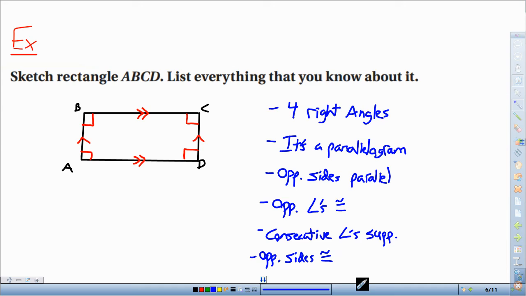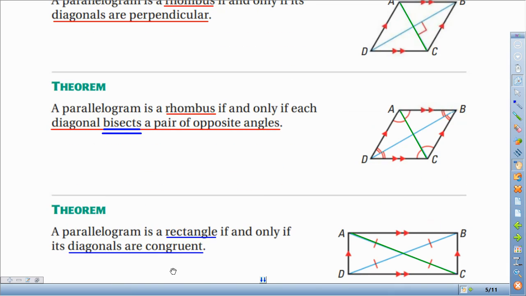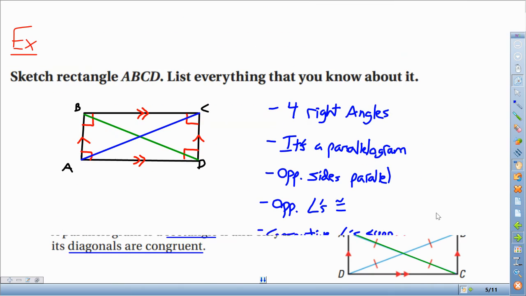Let's keep going. When it comes to the diagonals, let's draw them in. The first thing we learned on this last slide was that diagonals are congruent. They're equal to one another.